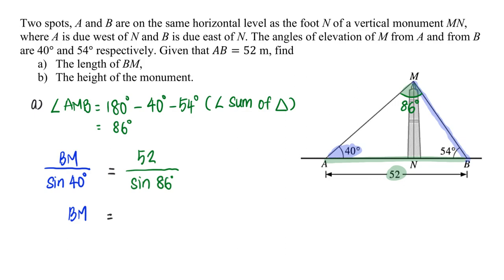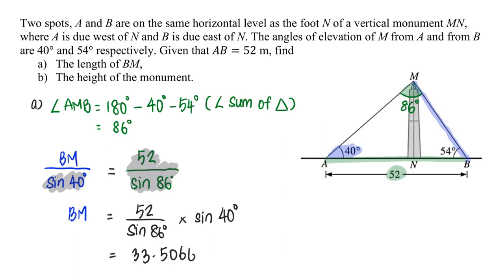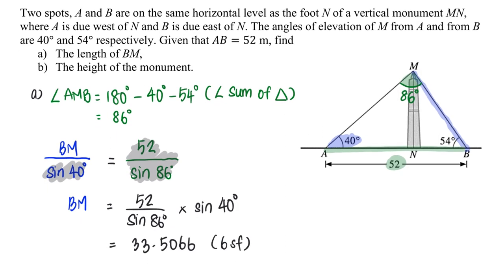So this will be equal to 52 over sine of 86 degrees, multiplying my sine 40 degrees, and this will give me a value of 33.5066, which is to about 6 significant figures, followed by the final answer for BM, 33.5.